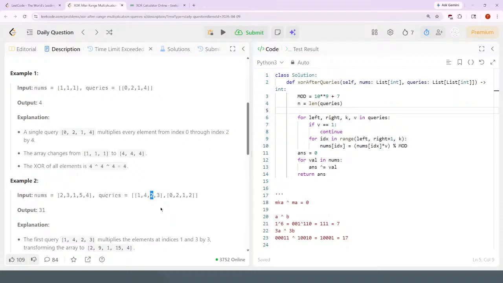It's like for every index, and then you have for every query at that index. For every index, and then for every query at the index.